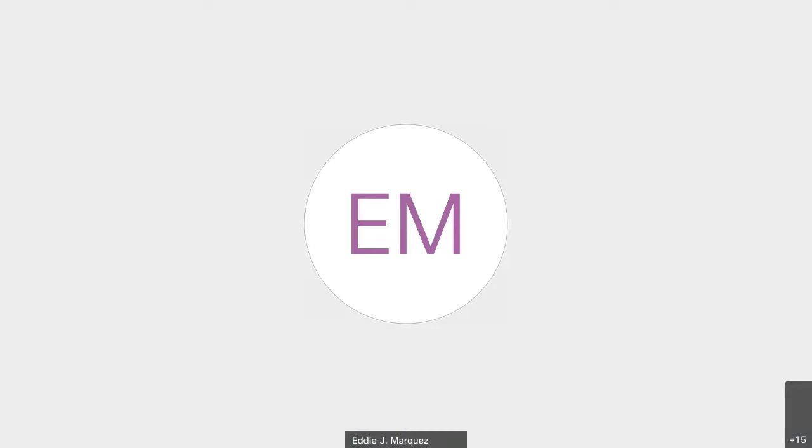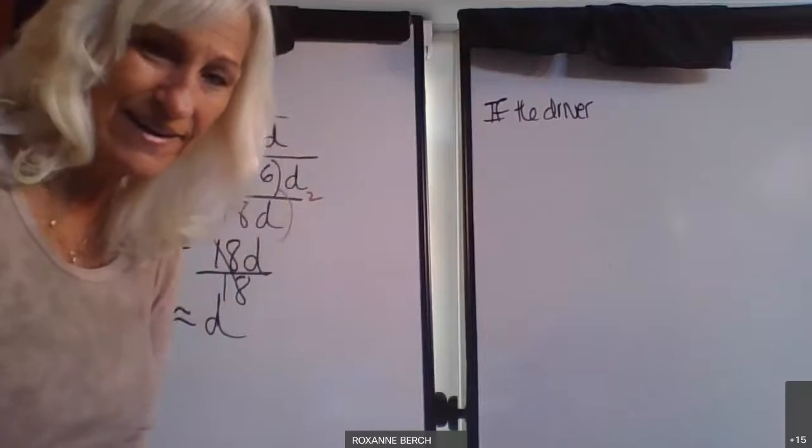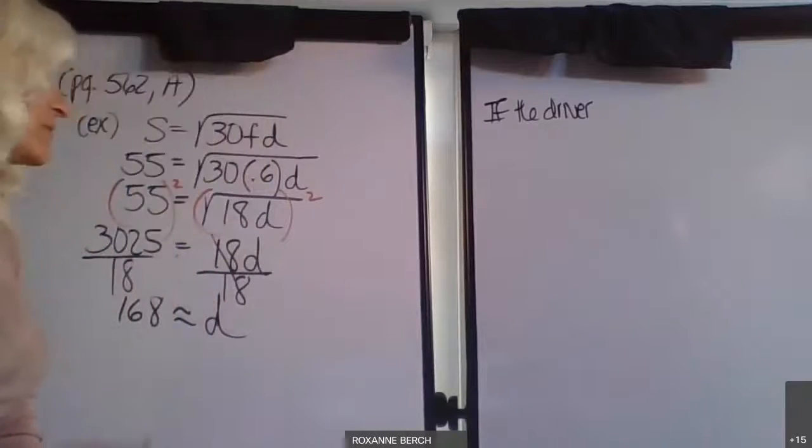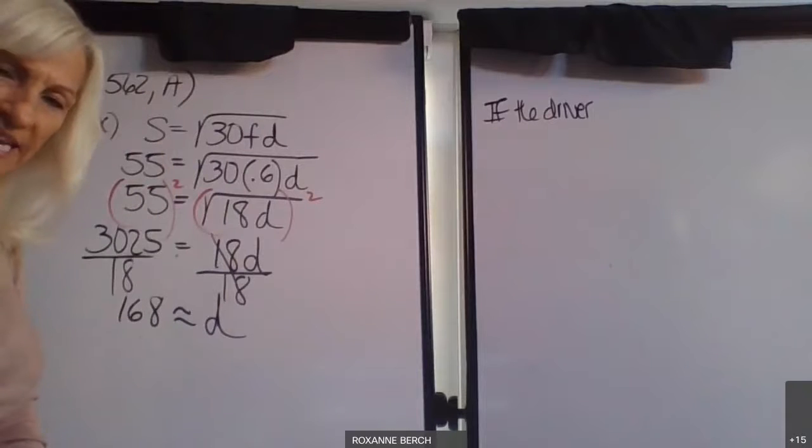So when they measured the skid marks, they were 190. If he was going 55, the skid marks should measure 168.